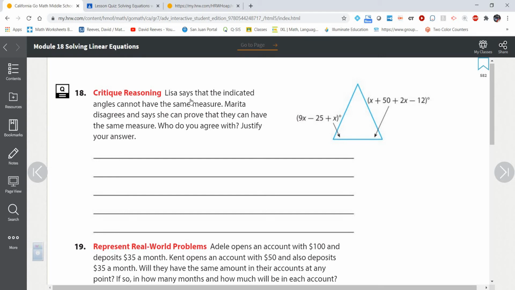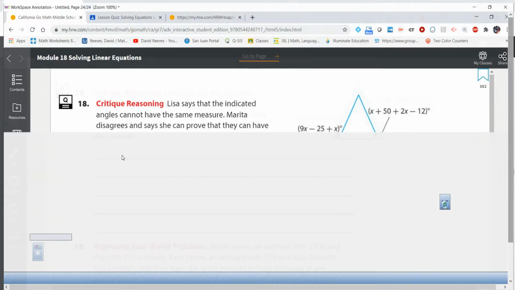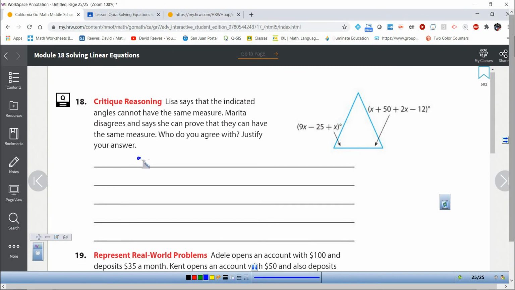Lisa says that the indicated angles cannot have the same measure. Marita disagrees and says they can. Let's set these two equal to each other and see what happens. So 9x minus 25 plus x, can that equal x plus 50 plus 2x minus 12?